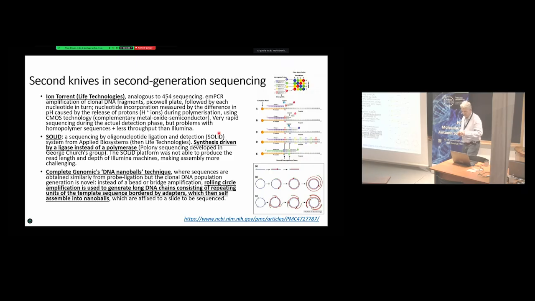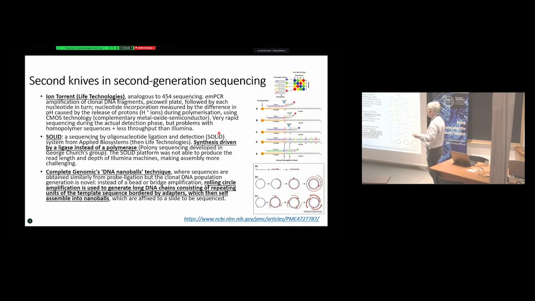So it's always interesting to look at what was going on, because there were other technologies that were concurrent. There is a very similar technology to the one developed by Roche and 454 that corresponds to the Ion Torrent. In that case, it was a pH modification that was generated and not light.